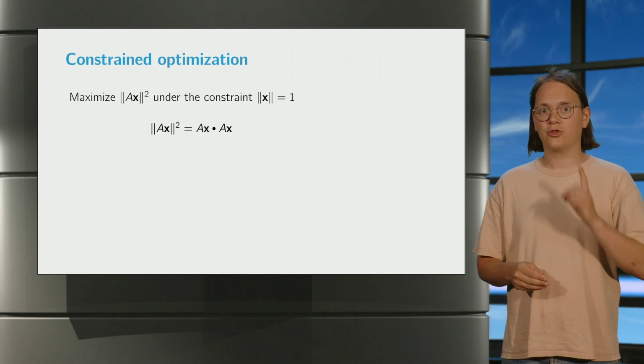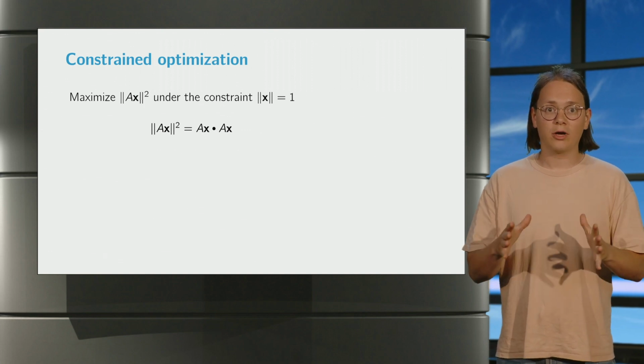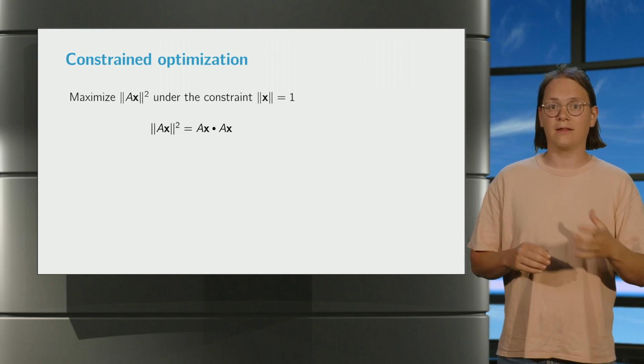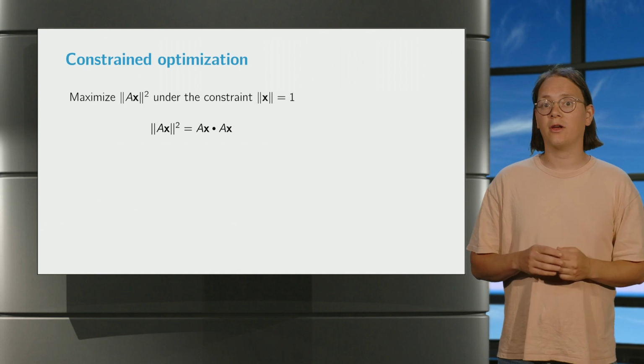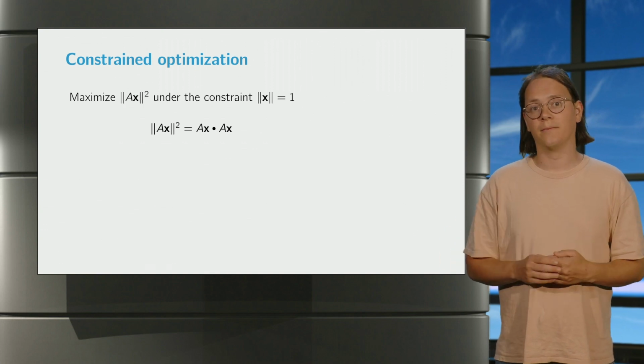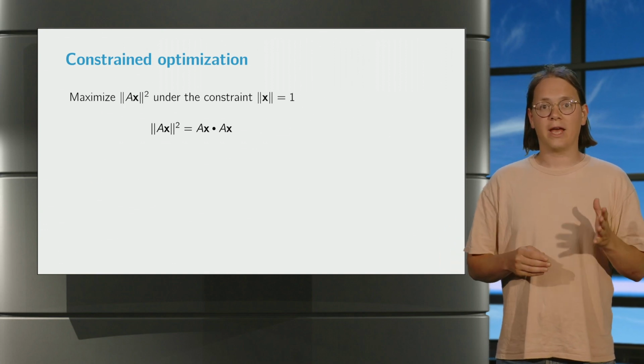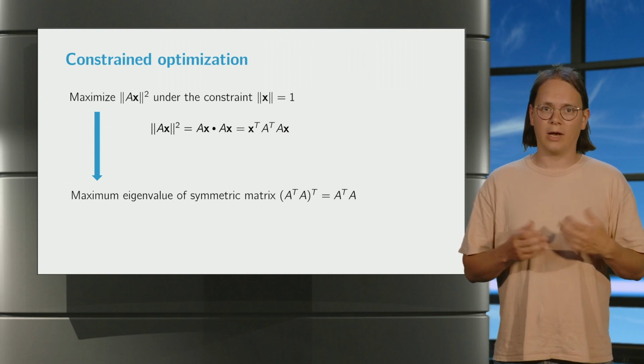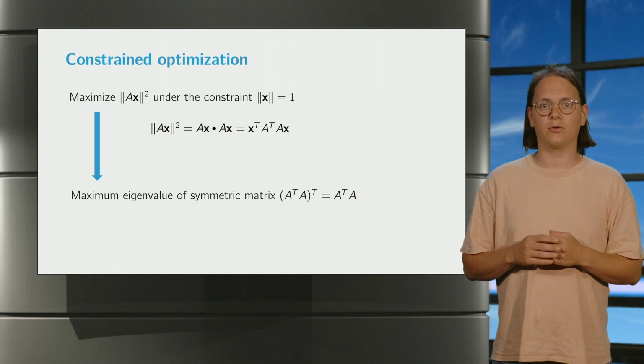It helps to go to the square because we want to somehow look at a quadratic form. We've now gotten there since the norm of A times x squared equals the dot product of A times x with itself. This equals x transpose times A transpose times A times x by the relation between the dot product and the transpose.